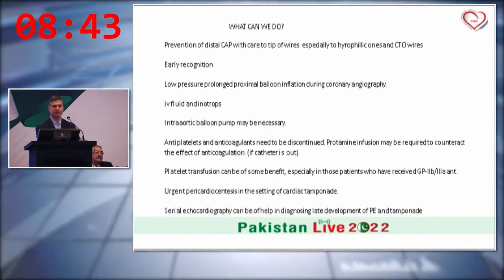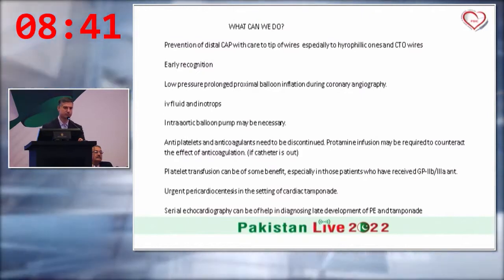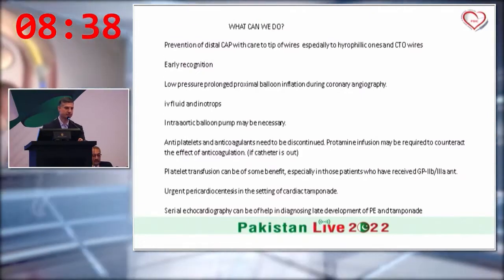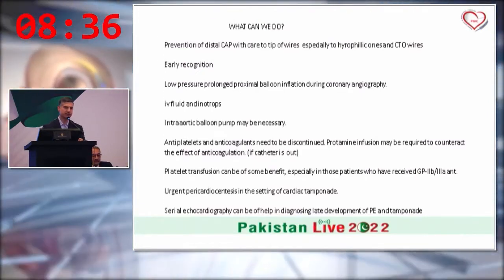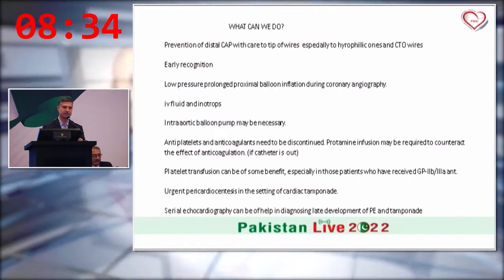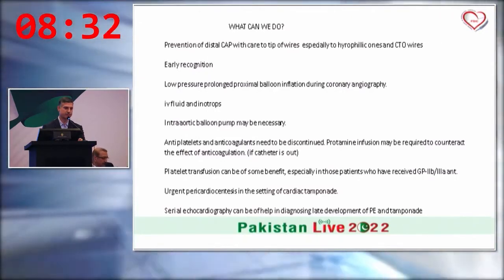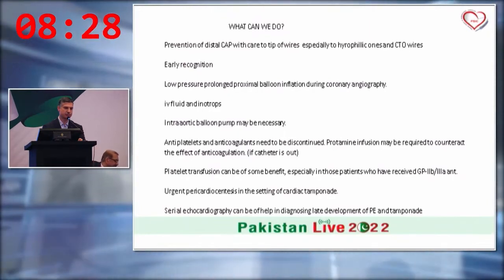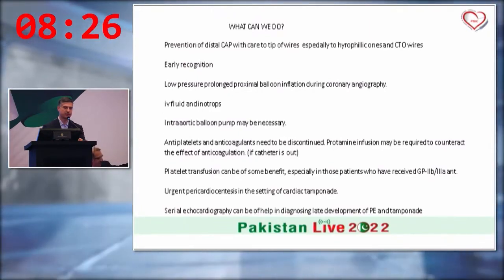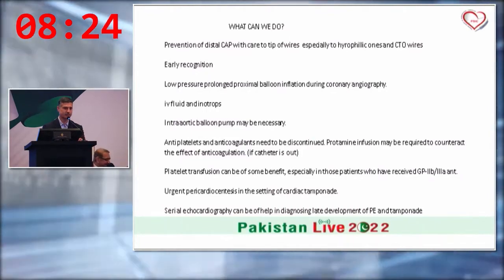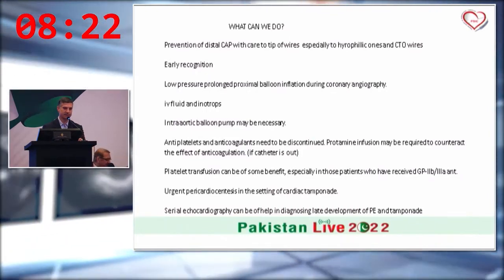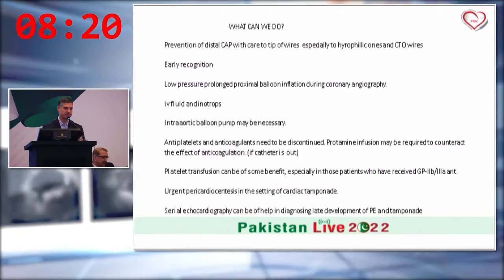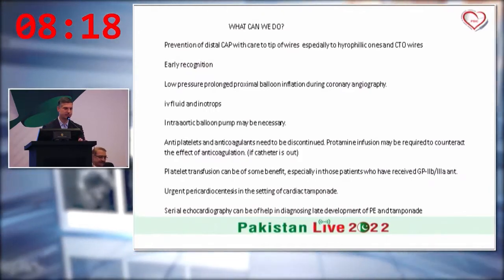What can we do? Prevention is the most important point, especially when we deal with hydrophilic wires, especially with CTO procedures. Low pressure, prolonged proximal balloon inflation is usually the first step, but at the same time we should give IV fluid and inotropes.